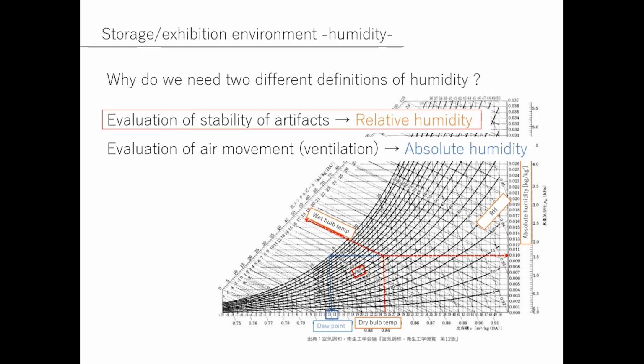On the other hand, in order to determine whether outside air has entered the display case, it is necessary to consider absolute humidity. Let's consider this while looking at an example of actual measurement in the next slide.